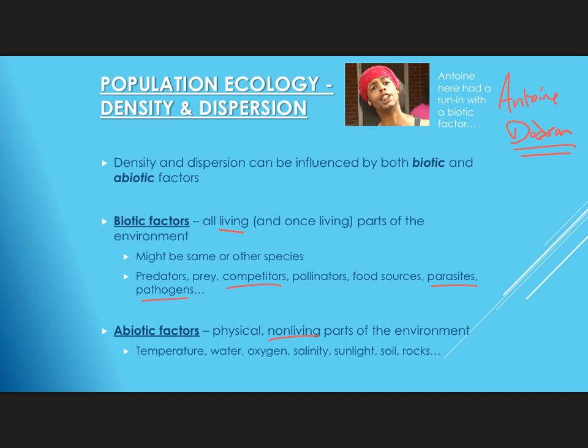Anything not alive that still could have an effect on your population is called an abiotic factor. So things like sunlight, temperature, water, oxygen, and salt content of water can all be considered abiotic.